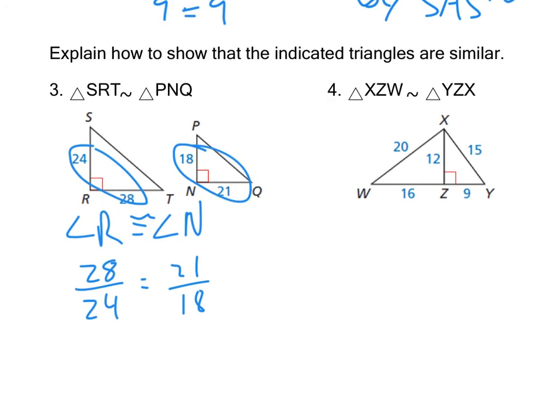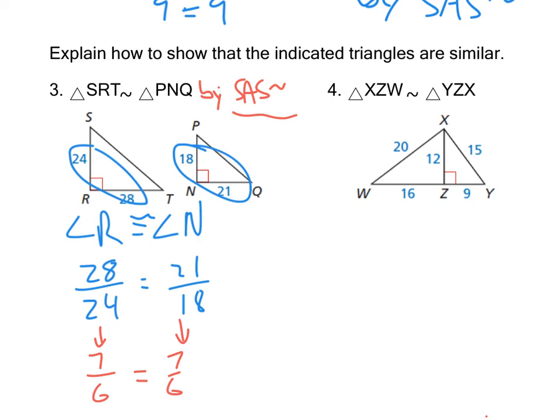We don't know yet. Let's find out. If you want, you can just simplify the fraction. Divide top and bottom by 3, you get 7/6. Divide the top and bottom by 3, you get 7/6, and those are definitely equal. So these are similar by side, angle, side similarity. That's our abbreviation for it.